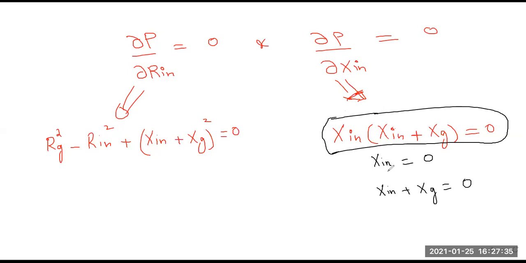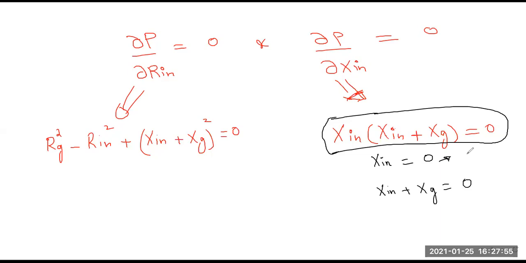Both of these cases are mathematically possible interpretations. But if you look at the first possibility that Xn is equal to 0, if you remember, we have already considered two cases, and one of them was that the load is matched to the line. This case is exactly similar.